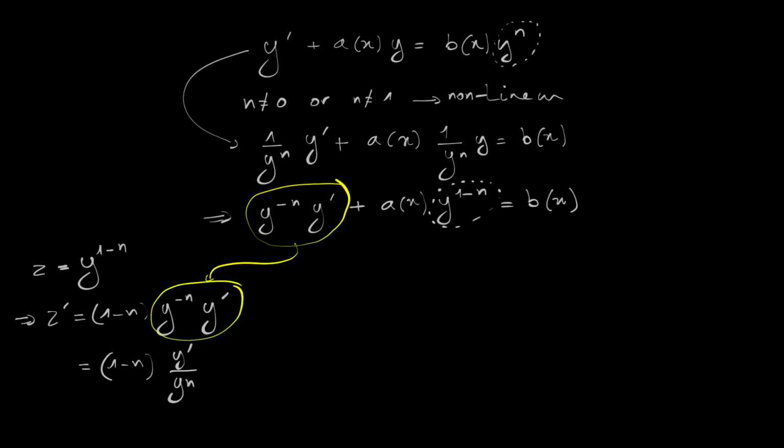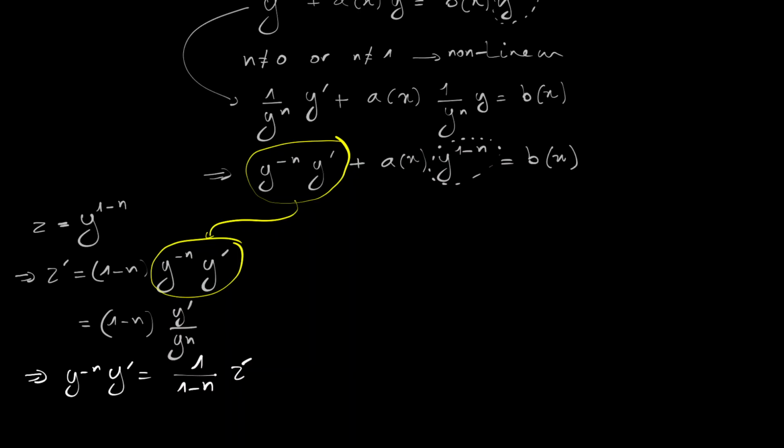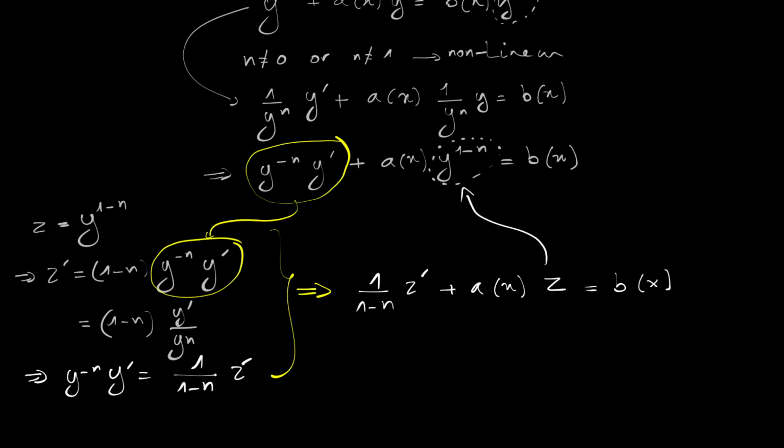Then we can write it like this to simplify the substitution. So after substituting these into the equation, we get this equation. Here z instead of y power of 1 minus n, which is a linear equation that we now have to solve.